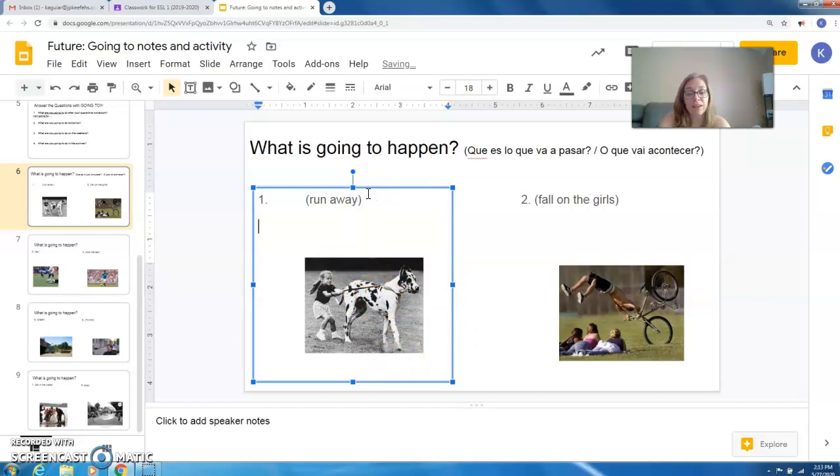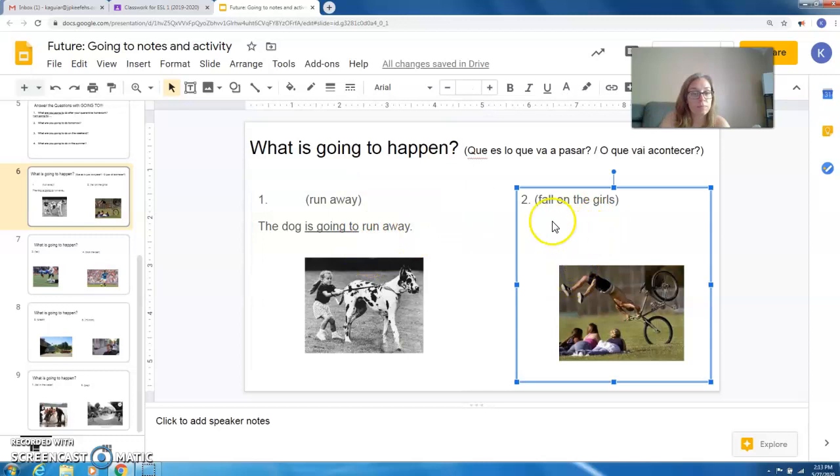I think the dog is going to, and I use this, guys, so I can copy this. The dog is going to run away. Okay?